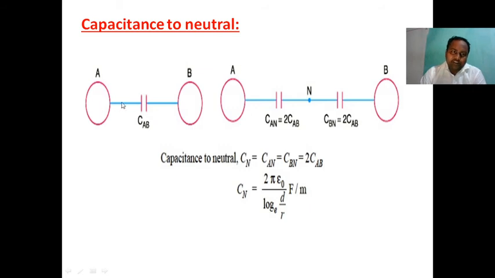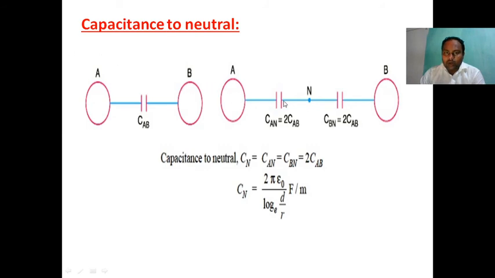Means in between two conductors, if there is one neutral point, how do we calculate the capacitance? Consider one neutral point in between two conductors. The neutral is also a conductor.